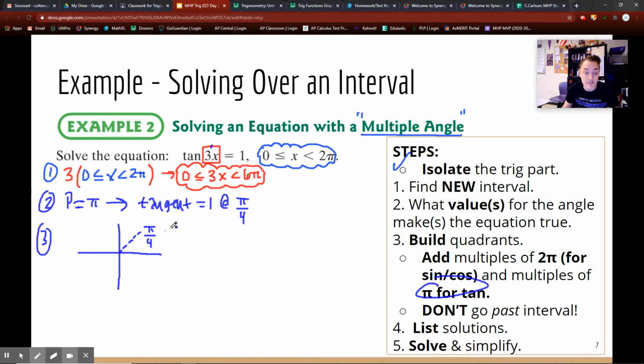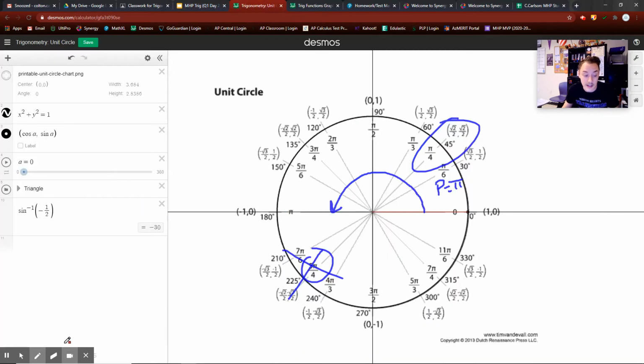Now, if I plus pi on this, what do I get? If I plus pi, that means this is over 4 and this is 4. So that equals 5 pi all over 4, which is exactly right here. If I go back to my unit circle, this is exactly what I have here. Yes? 5 pi over 4?